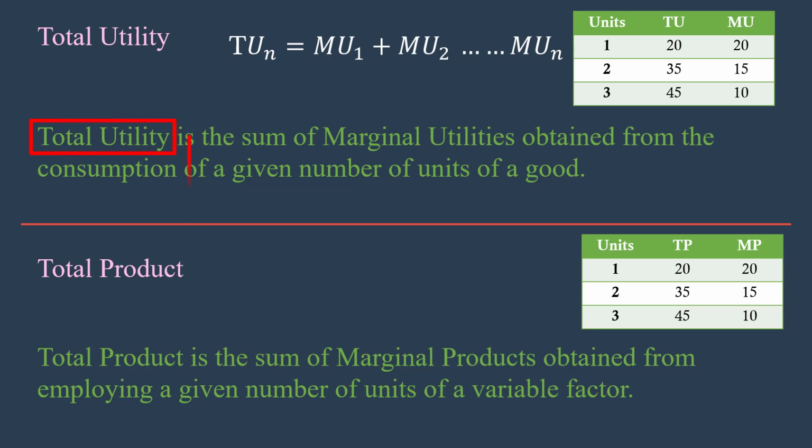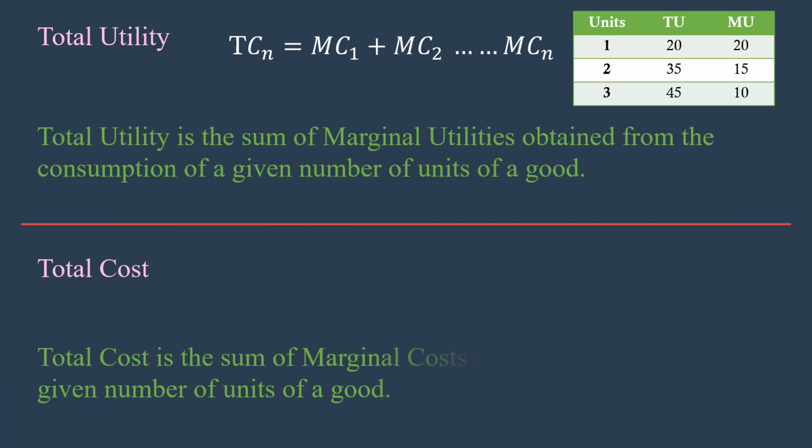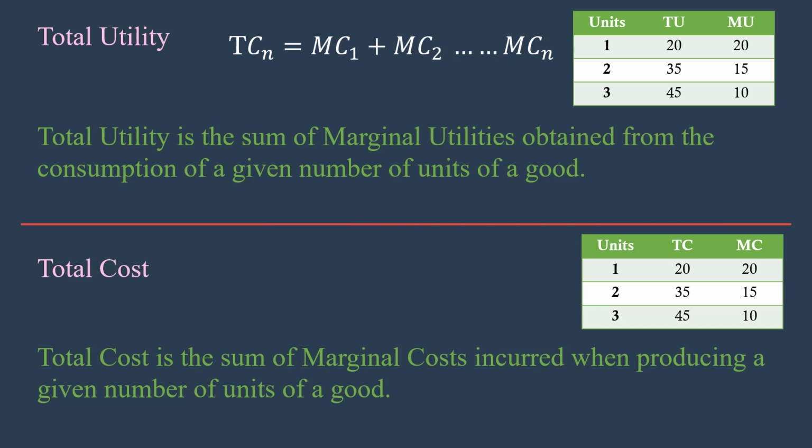Look for the changes. We replace total utility with total product, marginal utilities with marginal products, consumption with employing, units of a good with units of a variable factor. Thus, we can develop the definition of total product from the total utility. We shall apply the same technique to define total cost. Total utility is the sum of marginal utilities obtained from the consumption of a given number of units of a good.